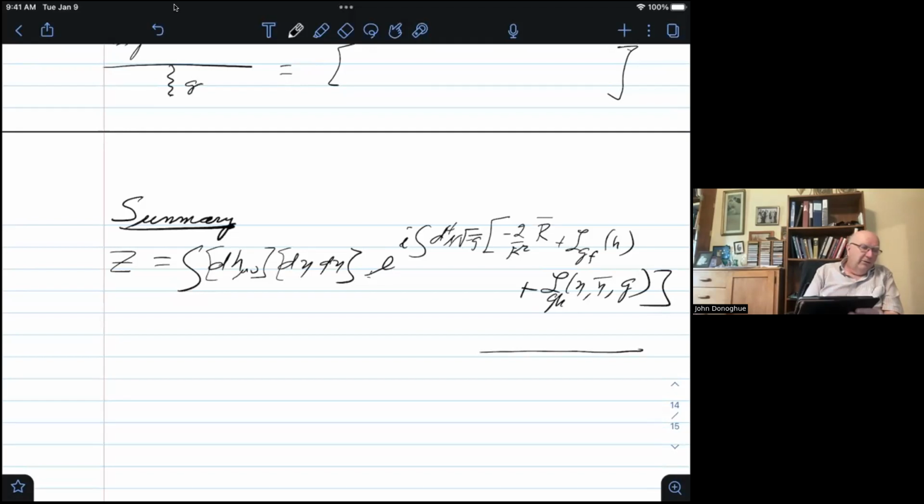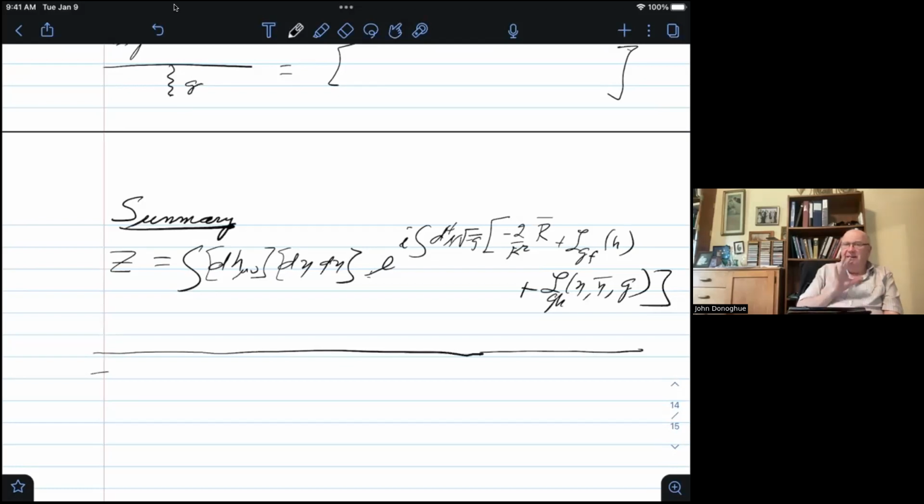I've got now all my Feynman rules, and I can add matter to this. So that's basically the development that I needed to get done today. When we come back in August, we're going to start doing loop diagrams of matter fields, loop diagrams of gravity fields, pulling out predictions, and trying to apply this.